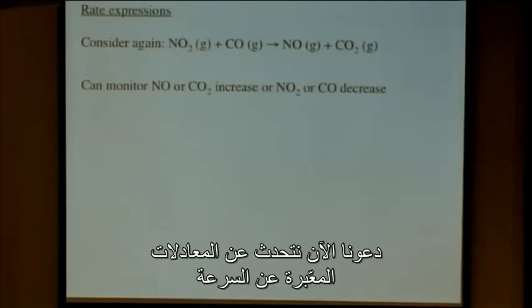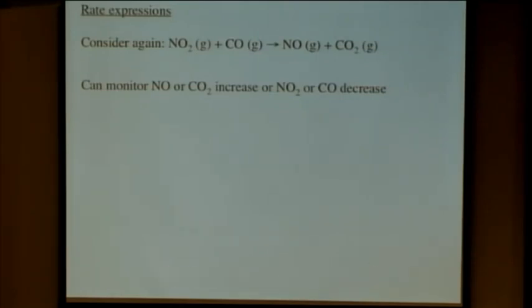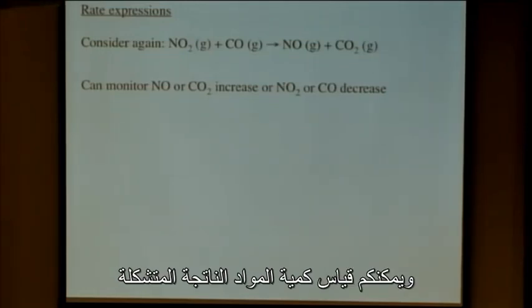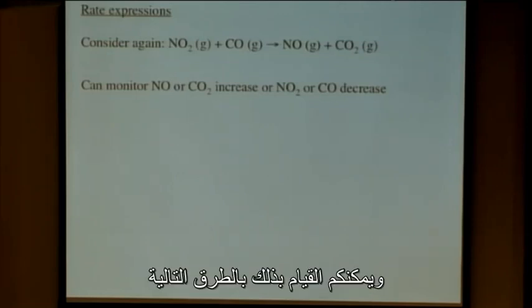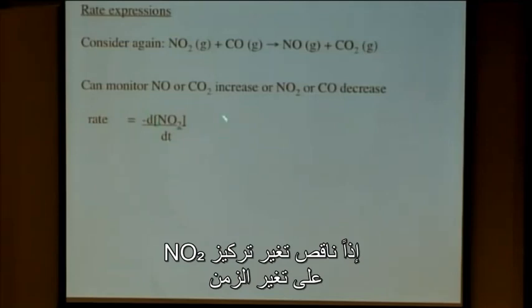So now let's talk about rate expressions, and then we're going to talk about rate laws. So same equation. Again, you can monitor how much your reactants are disappearing. You can monitor the amounts of your products being formed, and you can express this in the following way. So we could say that the rate is going to be equal to the decrease in one of the reactants, so minus d times the concentration of NO2 over dt.